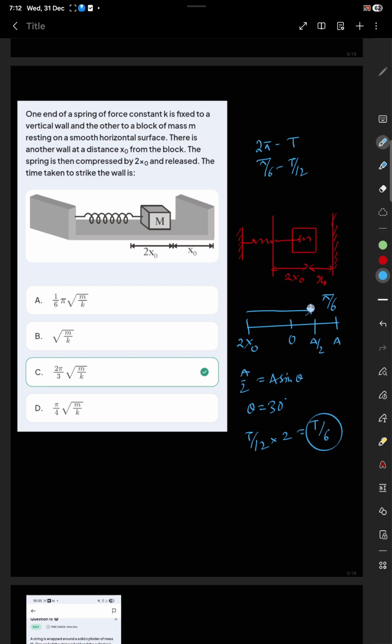This time is T by 4, because each quarter is T by 4. So the time taken to hit the wall will be T by 4, and this total you may write as T by 2. So T by 2 minus T by 6 is the time taken to hit the wall. That comes to T by 3. So T by 3, where T is 2 pi root over m by k, divided by 3. This will be your answer.